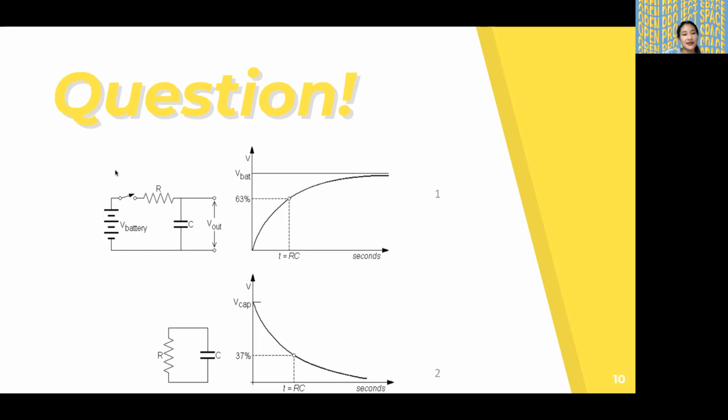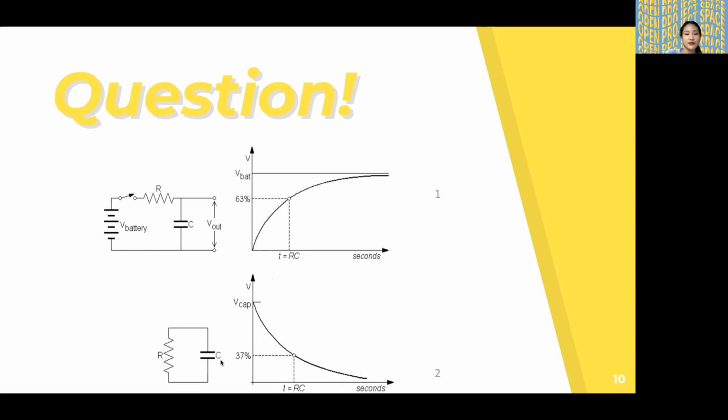This capacitor over here is charging through this resistor, so its time constant will depend on that resistance and the capacitance. This discharging capacitor's time constant will also depend on this resistance and this capacitance.